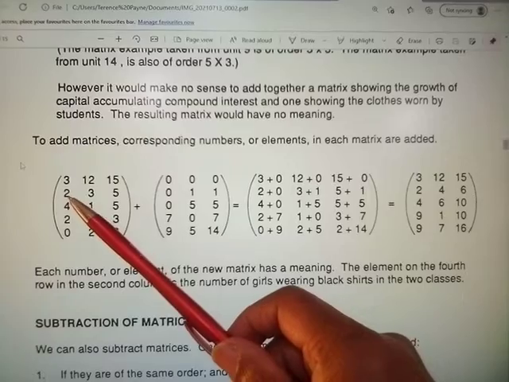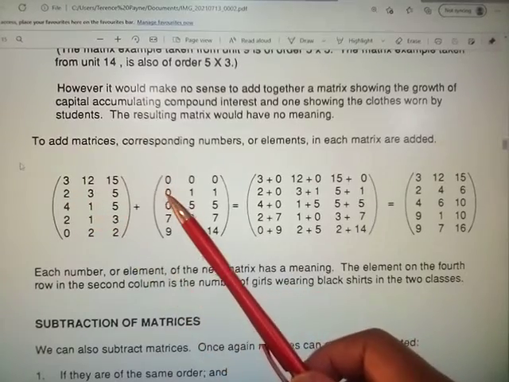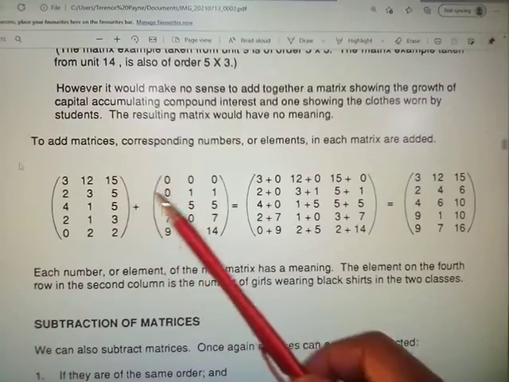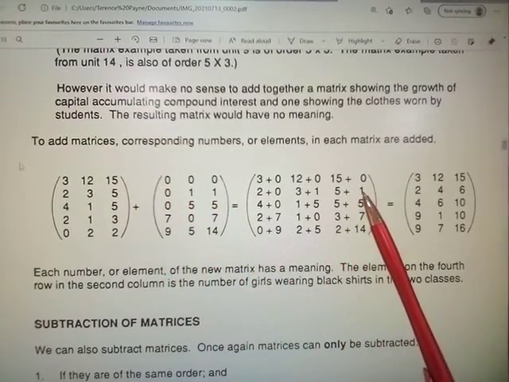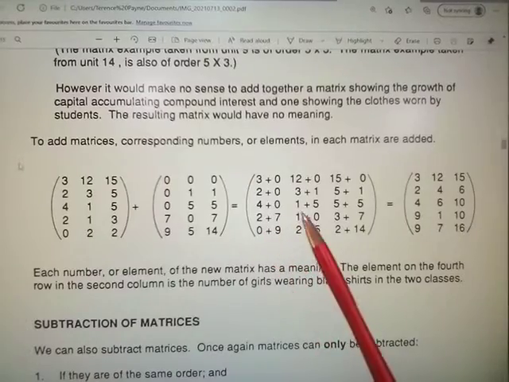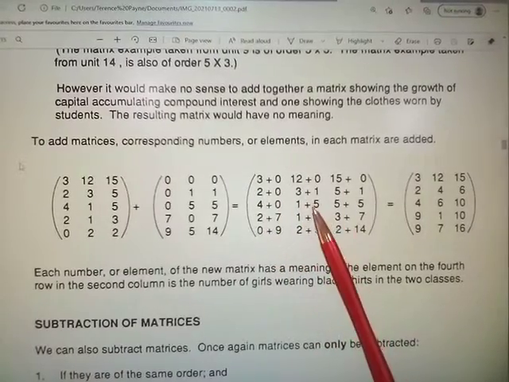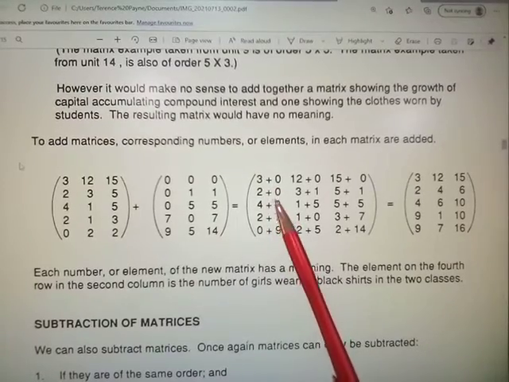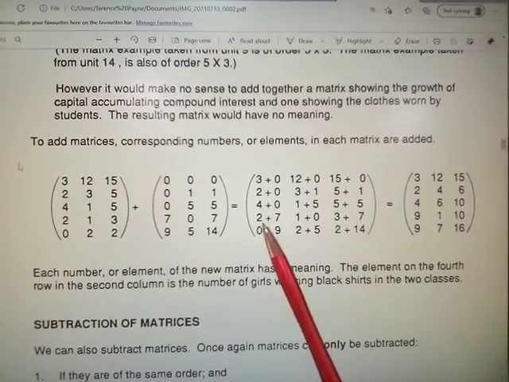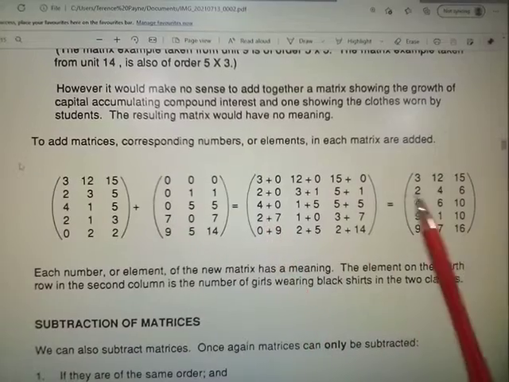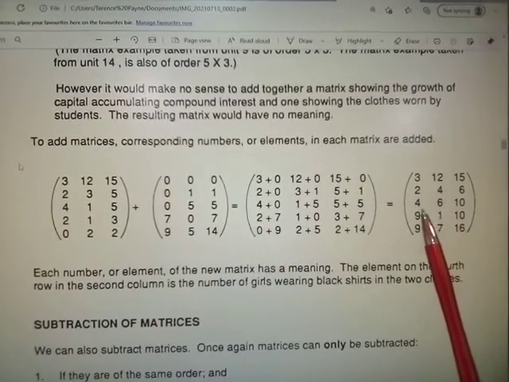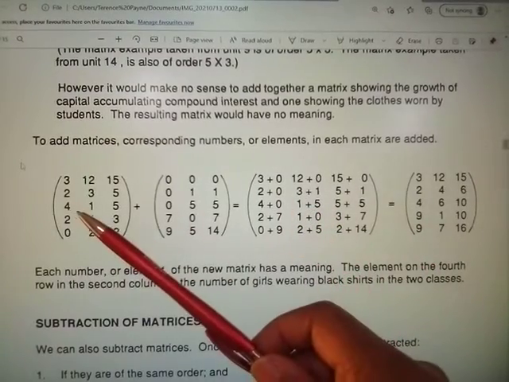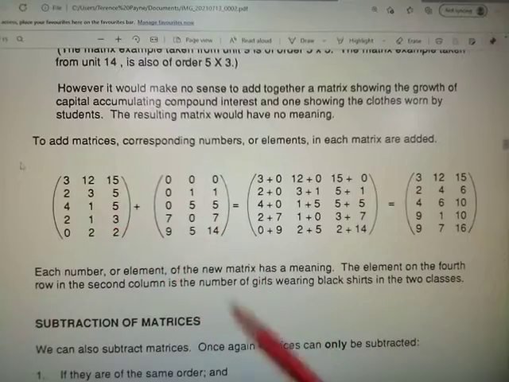We have 2 plus 0, 3 plus 1, 5 plus 1, and this is what we have here. Now this is pretty simple enough. You can now see by adding these up, you've created your 3, 7, 8, 9. You've created your final matrix from the end result of your previous two matrices.